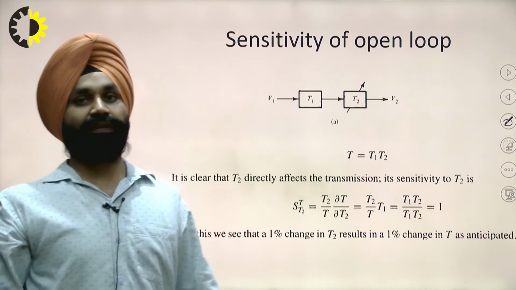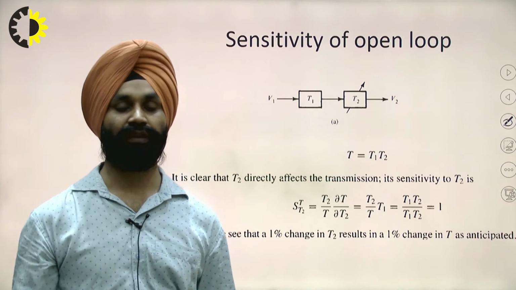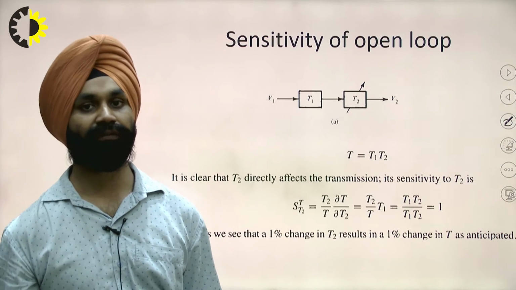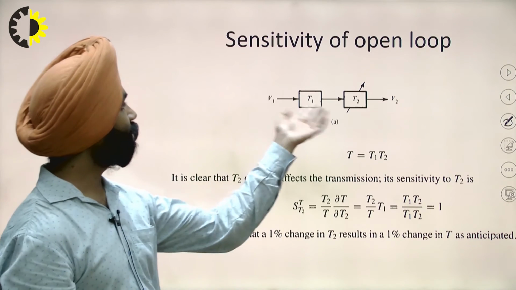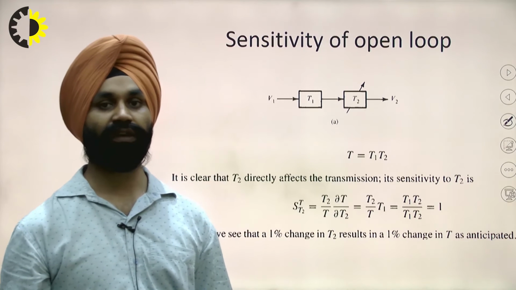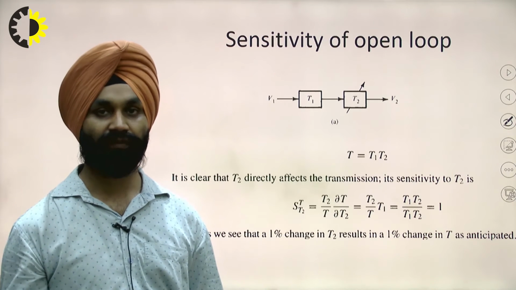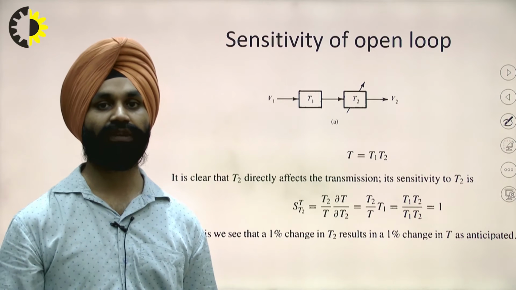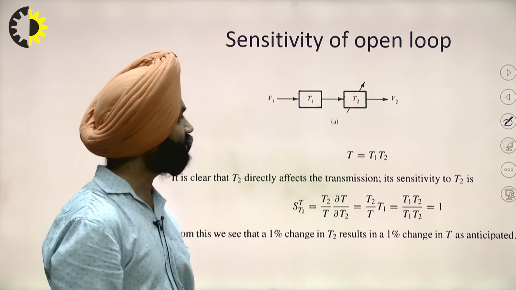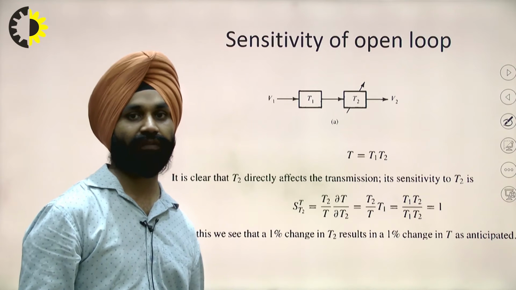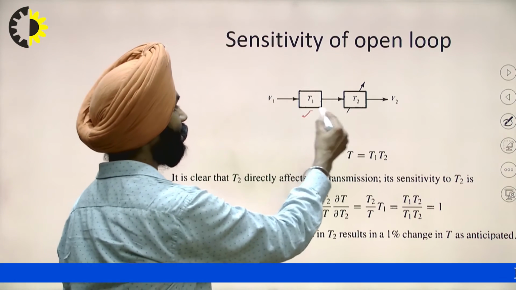Now we have discussed initially that the sensitivity of the different components will have different values. Now we have different configurations through which we can join the different systems. Let's suppose we have open loop of the systems. For example, here we have two systems, T1 and T2.